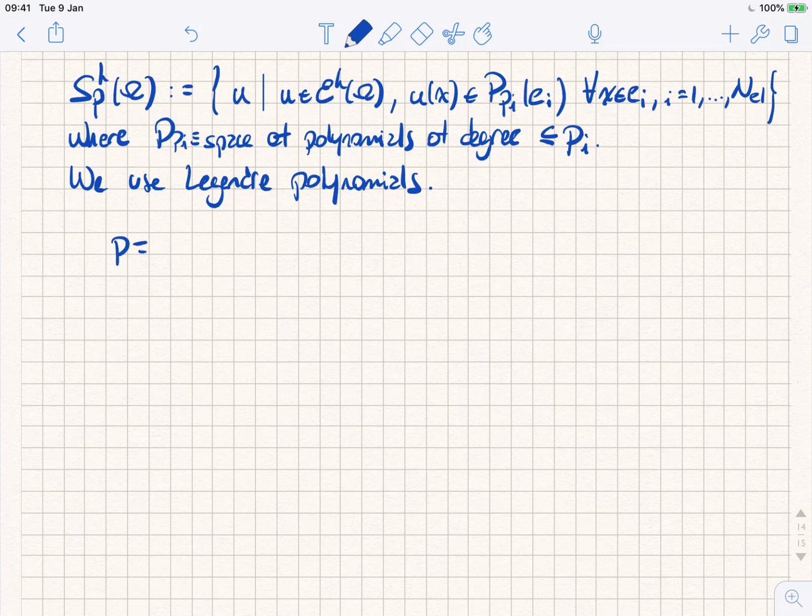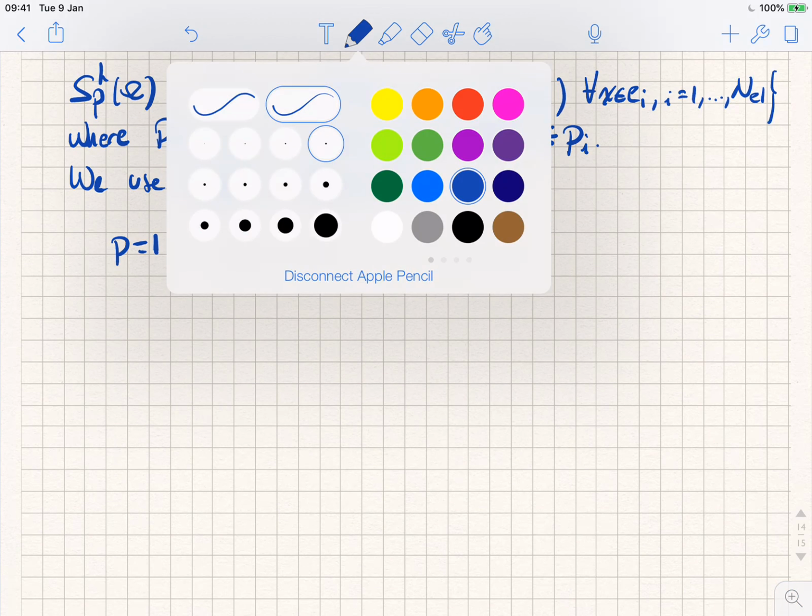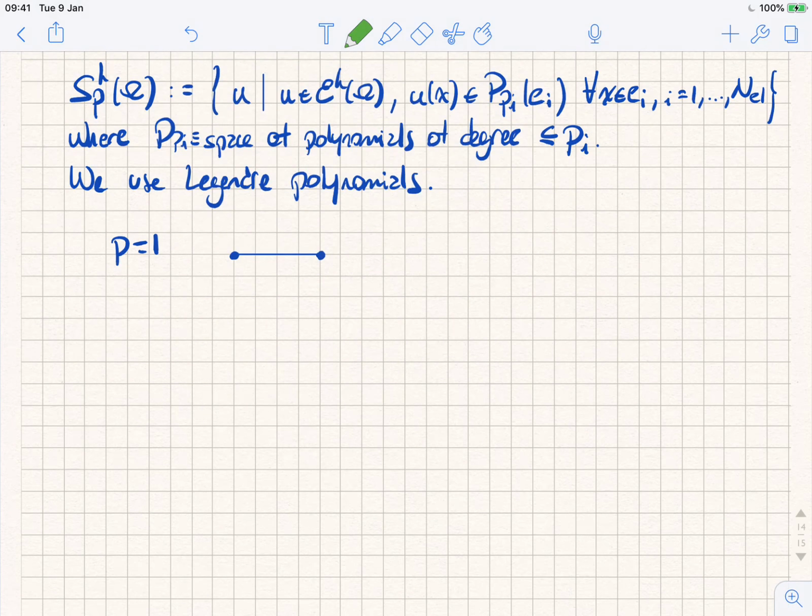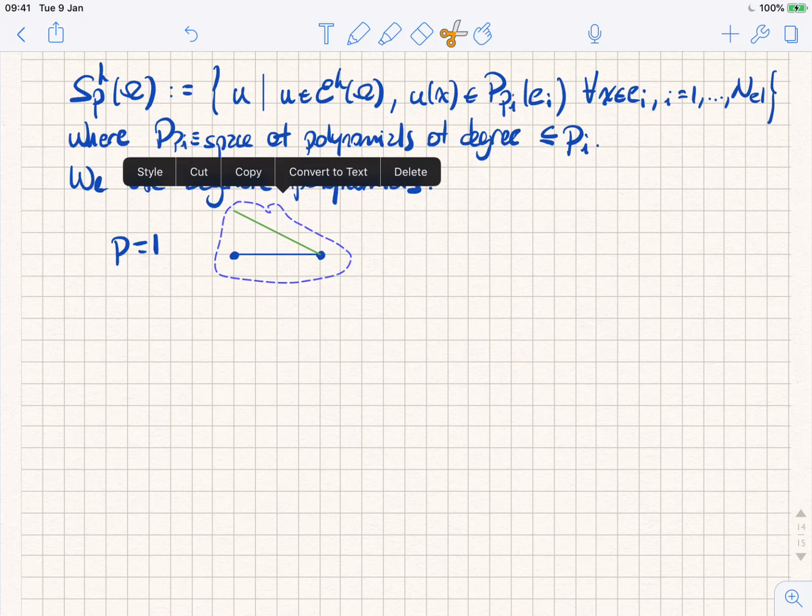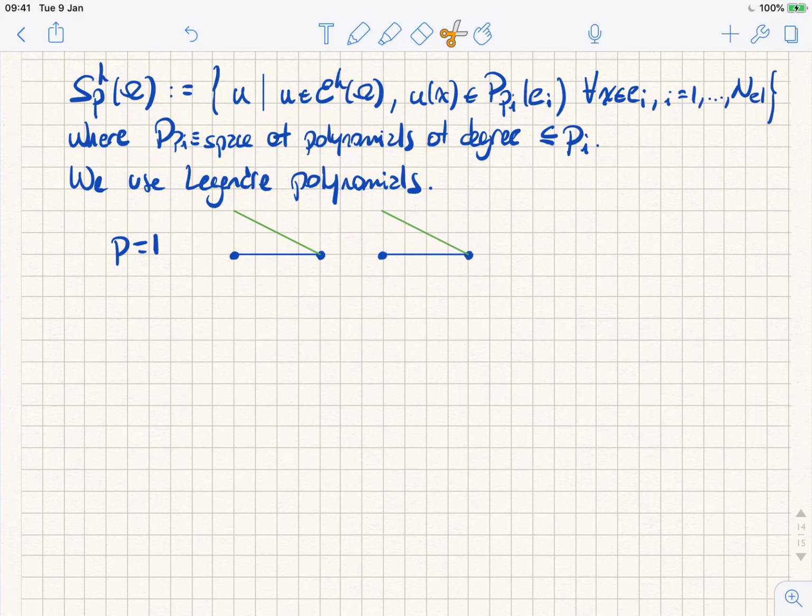If you take p equals 1, these are the functions that you already know.